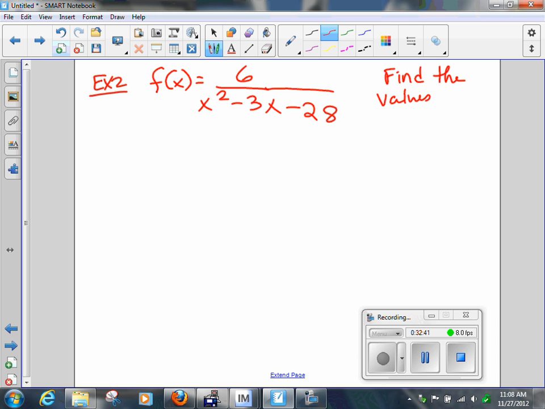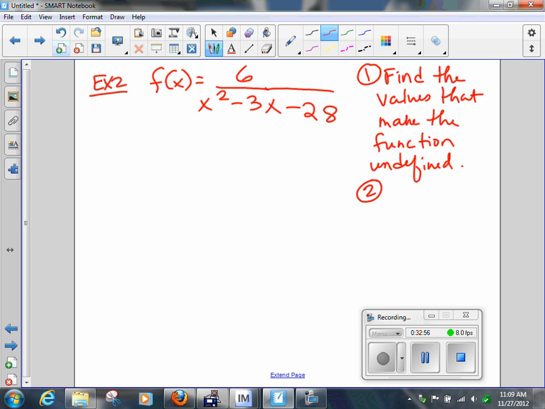Find the values that make the function undefined. Once you do that, then graph it. Okay? What are you going to do?